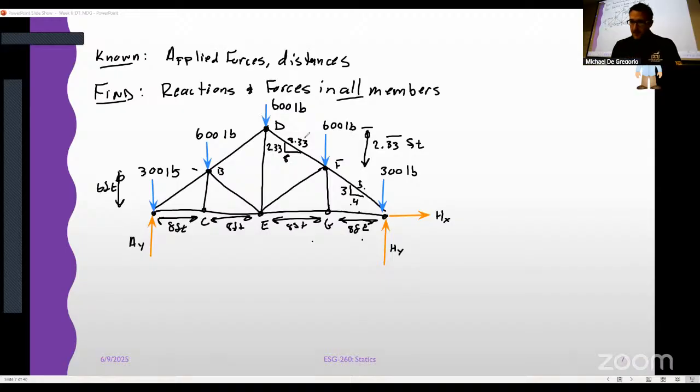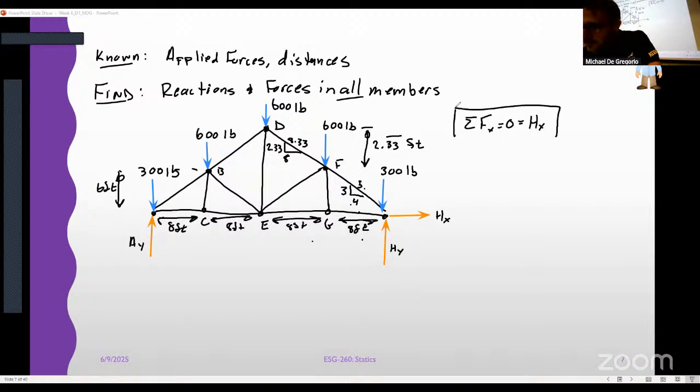All right, so we're just doing reactions first. For the reactions, I'm going to do the hard one up front. We'll make that 0 later. We're going to redraw all of our joints later. I'm going to do the sum of the moment first.